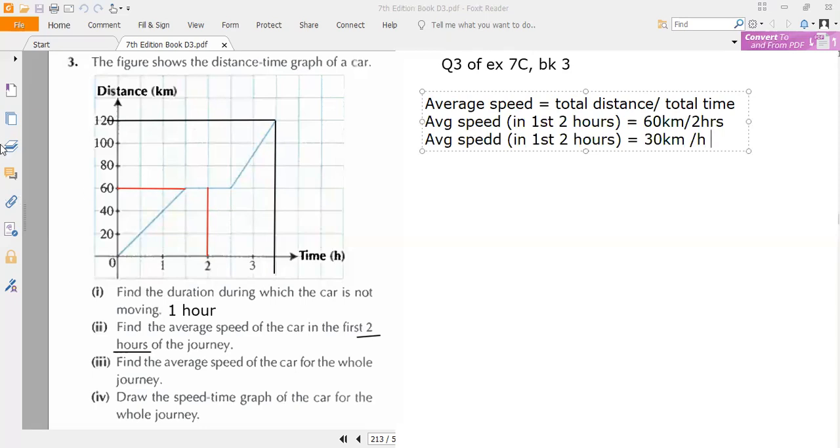So my average speed is 30 kilometers per hour, and that is the answer of part 2.